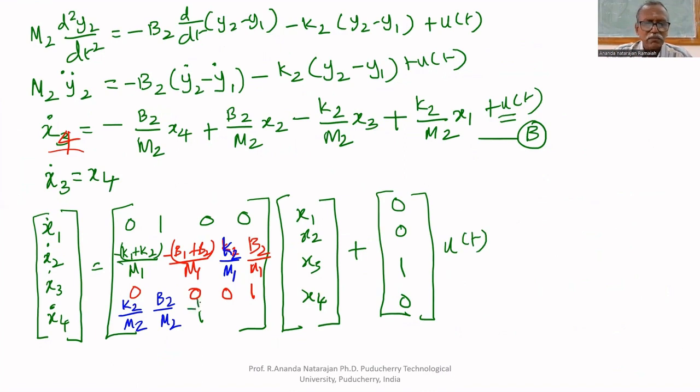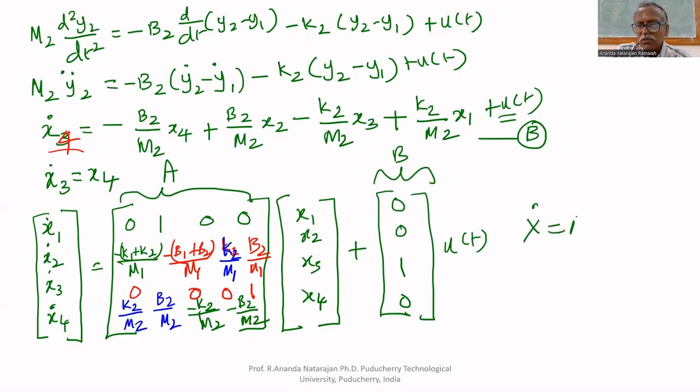Minus k2 by m2. The coefficient of x4 is minus b2 by m2. So this is the A matrix. This is the B matrix. That is x dot equal to Ax plus Bu.